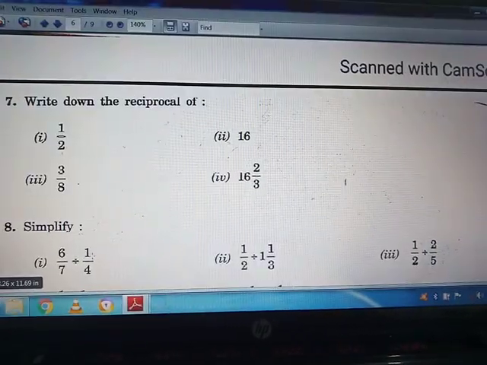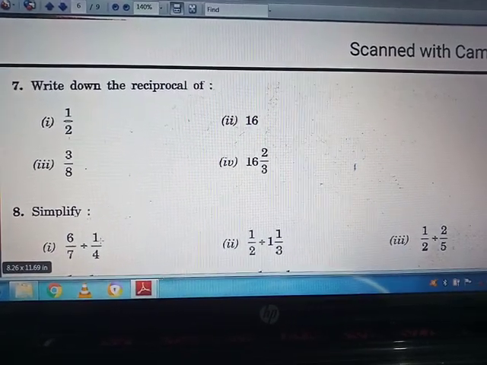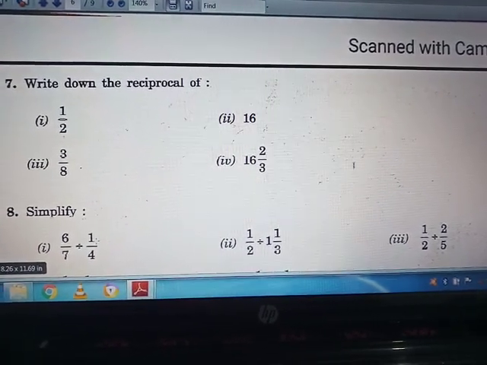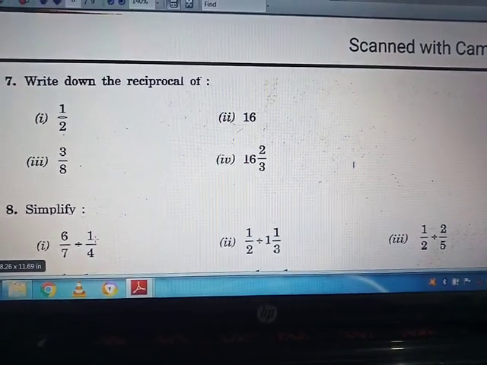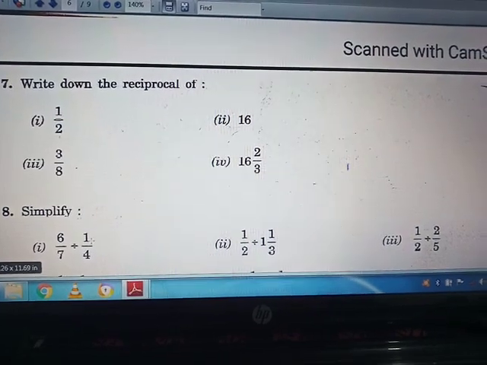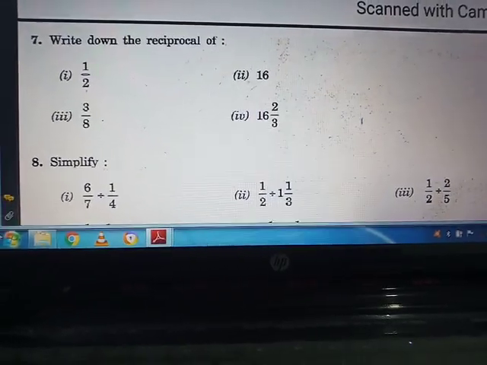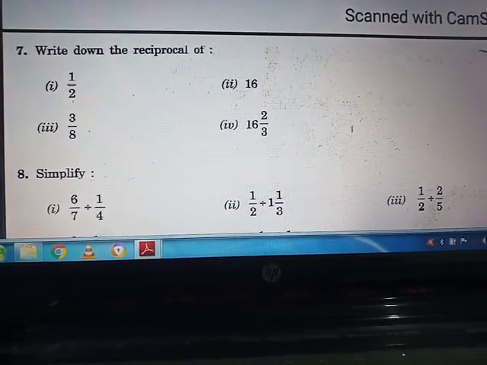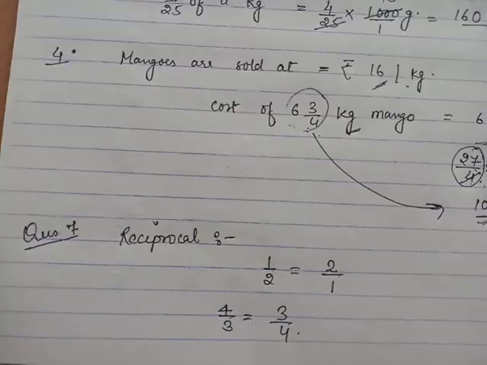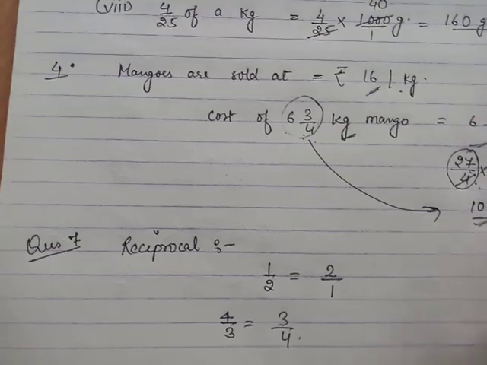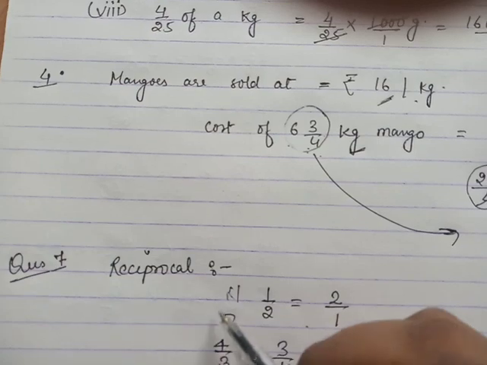Okay, now after question number 6, we will solve question number 7, that is, write down the reciprocal of. You know that reciprocal means, if numerator upon denominator is given, we will convert the denominator to the numerator value. For writing the reciprocal of any number, here it is the numerator and this is the denominator.